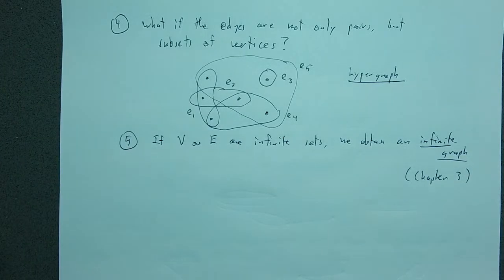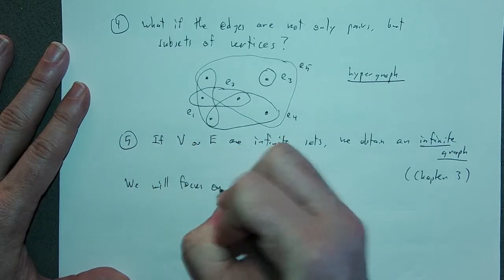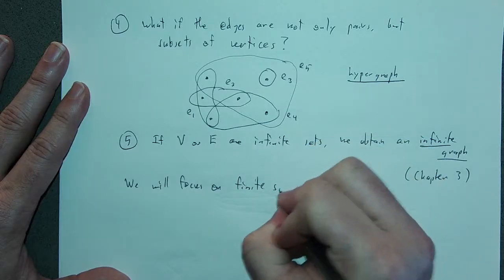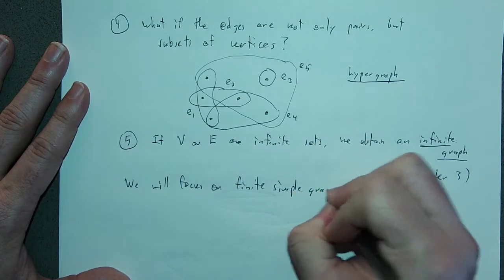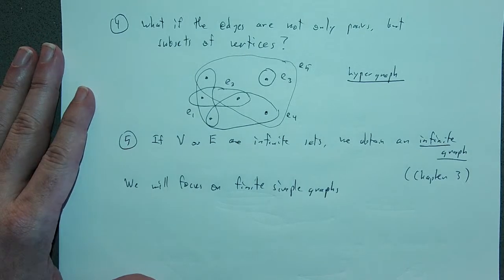Okay. So anyway, this is just nailing down what sorts of objects you can consider if you loosen or change some of these requirements. We are going to focus on finite simple graphs. So these are graphs without loops or multiple edges, and they're finite. Again, if you've taken an abstract algebra course and know anything about group theory, you might notice the terminology here is shared with group theory, finite simple groups.